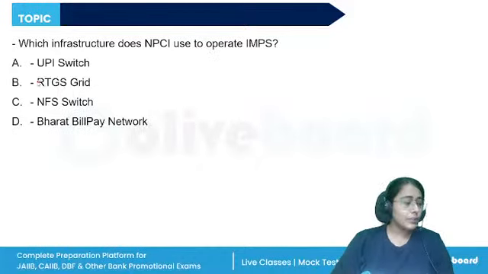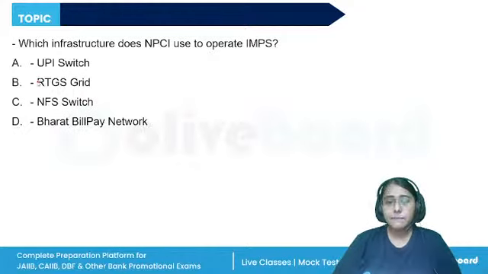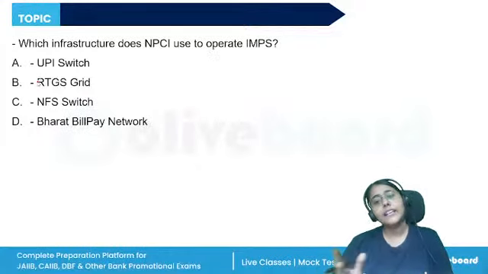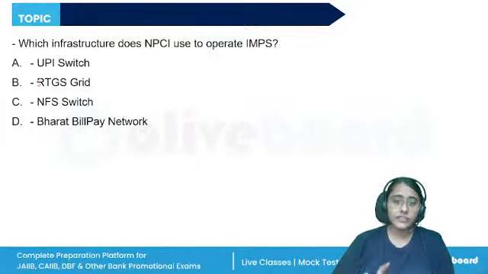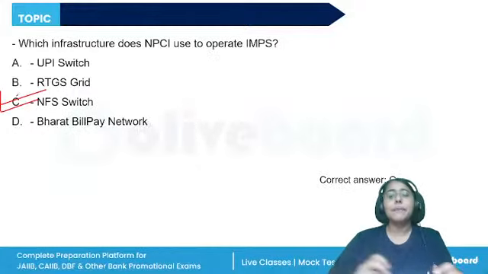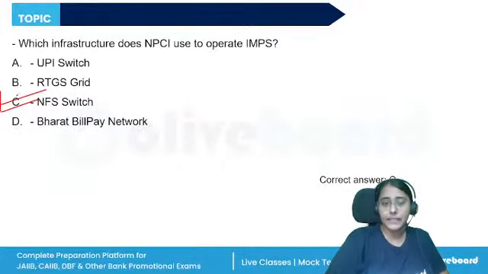RTGS can also be used, but NPCI conducted this pilot study, and accordingly the IMPS was launched, right? So now this service is available to the Indian public 24/7, interbank electronic fund transfer service through the mobile phones. So the existing NFS switch is being used to operate the IMPS.